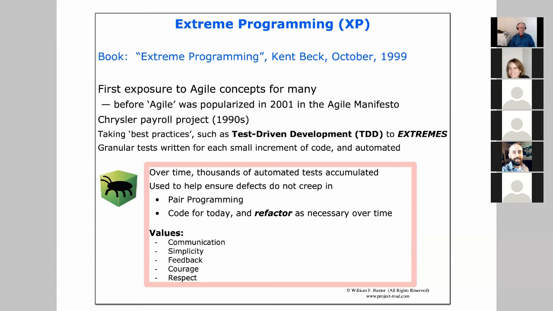And then another practice or philosophy of his in his extreme programming framework was the idea of code for today and refactor later as necessary. In other words, there's a tendency to want to establish all the requirements and fully define the architecture completely up front, and that can take a lot of time, and it might still lead to a dead end that you're not going to discover is a dead end until later.